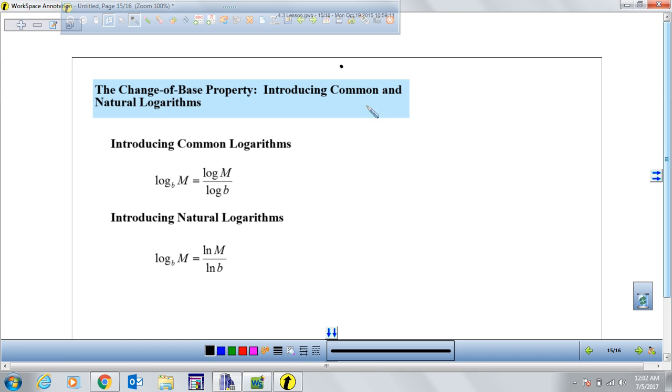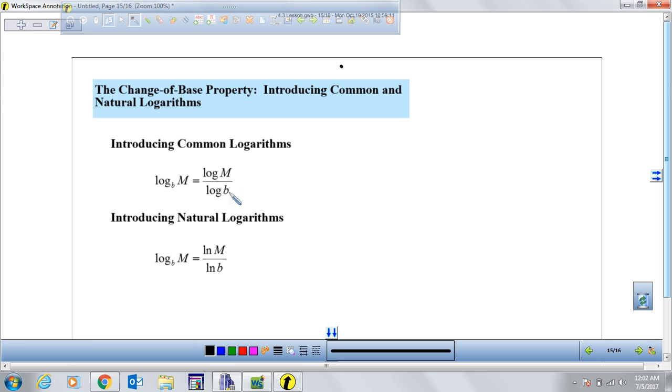So what we can do is this. It is called the change of base formula, change of base property, which allows us to rewrite any log of any base into base of 10. And the formula says this: the log base b of m equals the log of m, which is the log of the result, divided by the log of b, which is the log of the base.